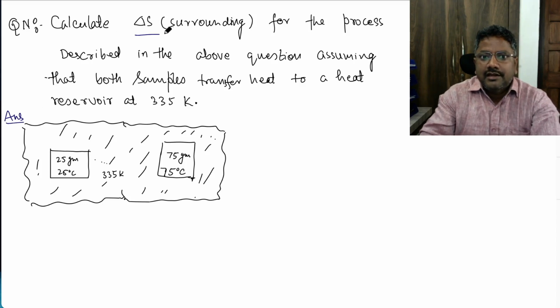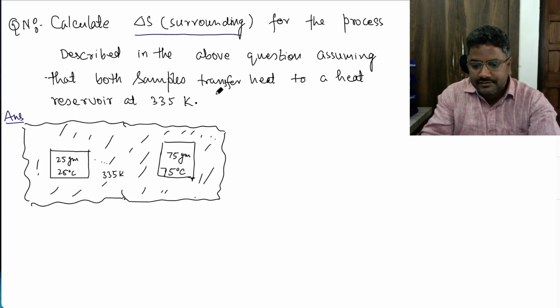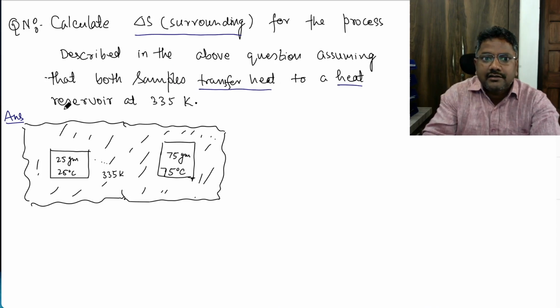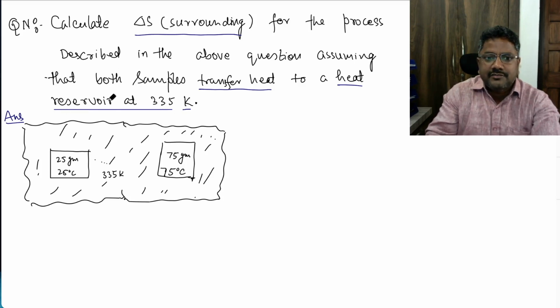Calculate the delta S surrounding for the process described in the above question, assuming that both samples transfer heat to a heat reservoir at 335 Kelvin.